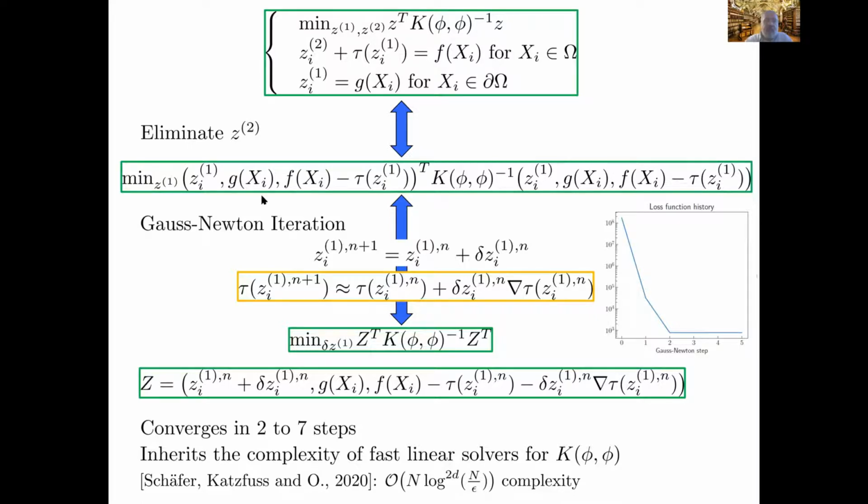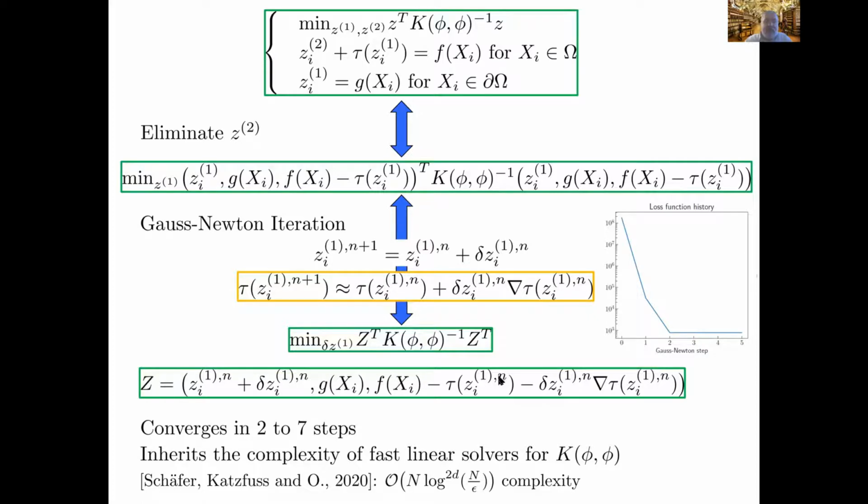Now, to solve this unconstrained optimization problem, we simply use a variant of the Gauss-Newton algorithm. This algorithm is an iterative algorithm obtained by successively linearizing the nonlinearity tau around the previous approximation of the solution and by solving a quadratic optimization problem to get the next approximation of the solution.